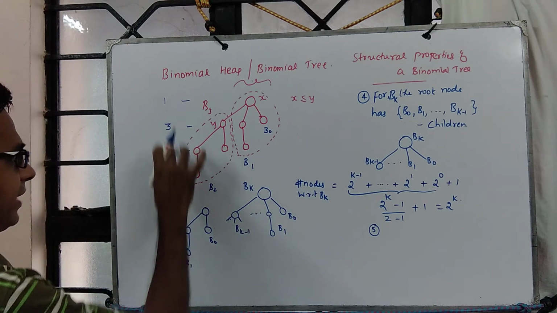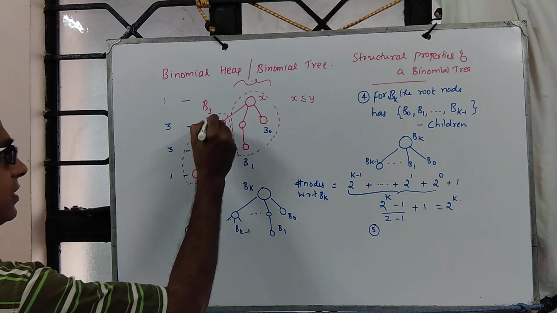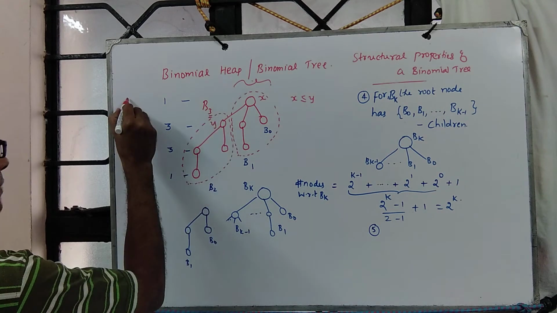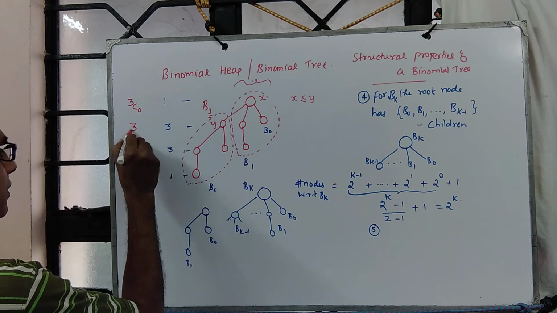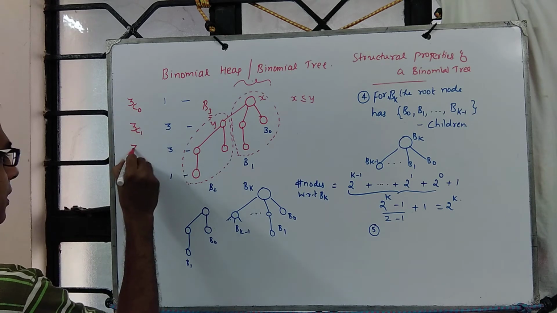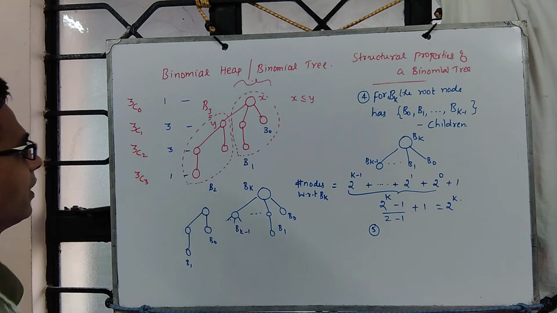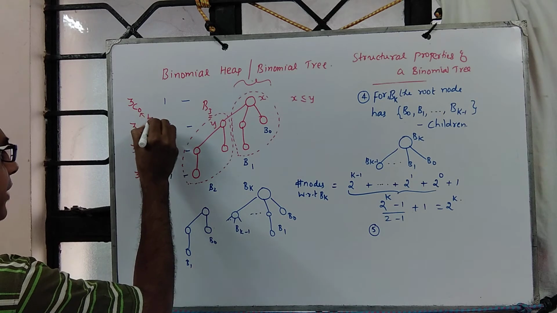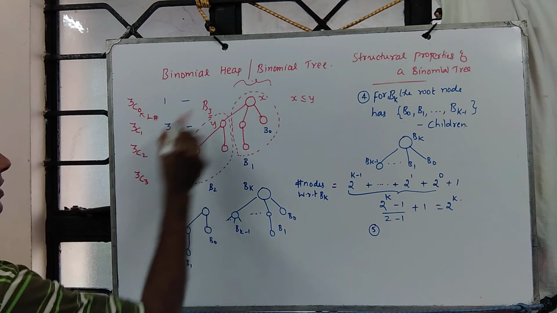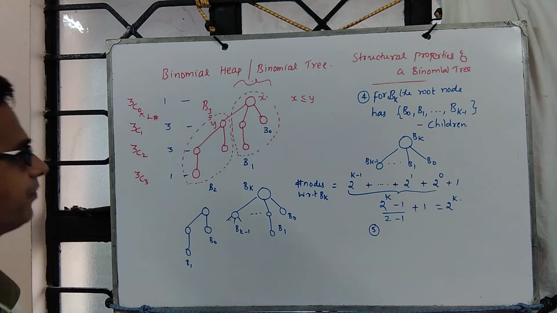Now I am going to rewrite this as 3 choose 0, 3 choose 1, 3 choose 2, and 3 choose 3. What are these? This is the level number: level 0, level 1, level 2, level 3.